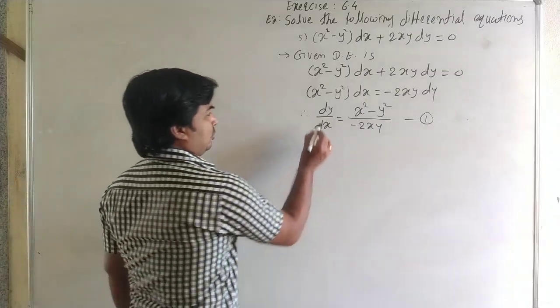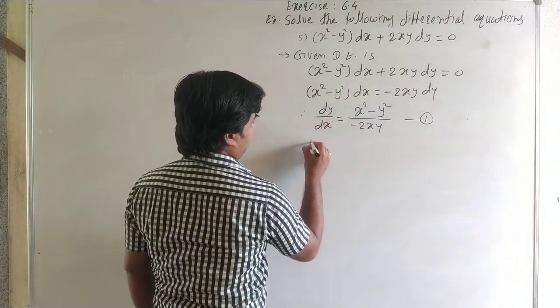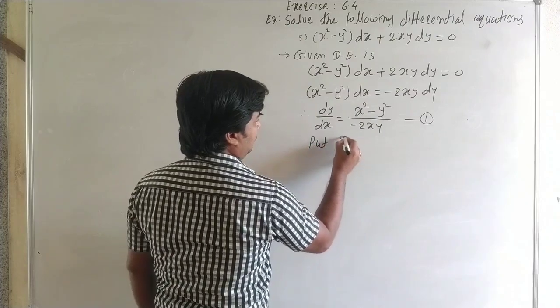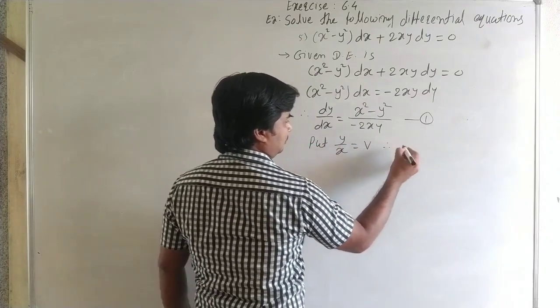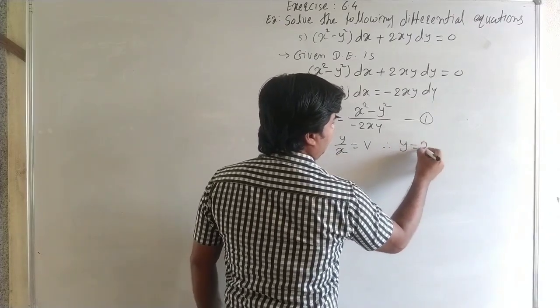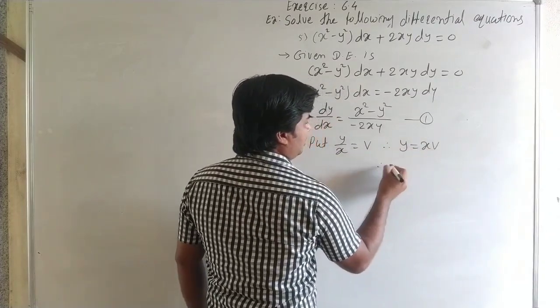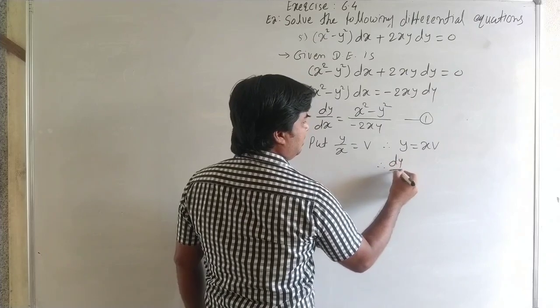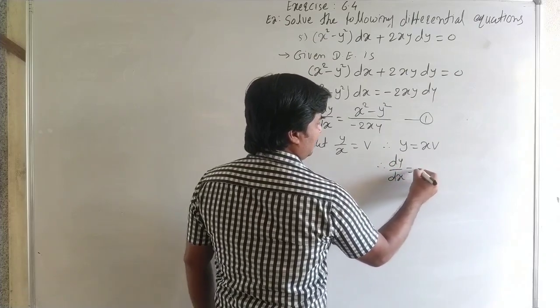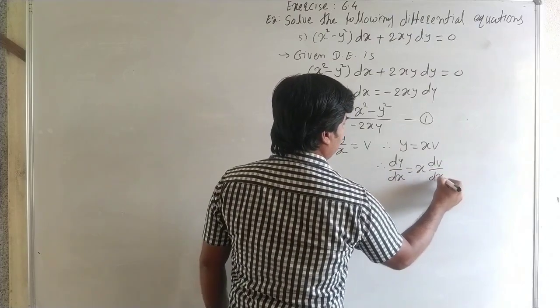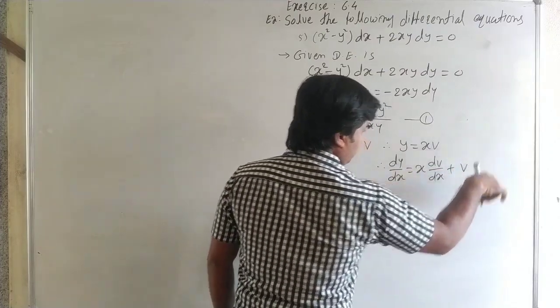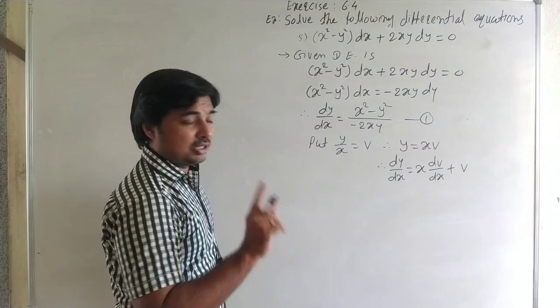Now for solving this we put y by x is equal to v, that is y is equal to xv. Now differentiate with respect to x. dy by dx is equal to first as it is, derivative of the second, plus second as it is, derivative of first, that is derivative of x, it is 1.